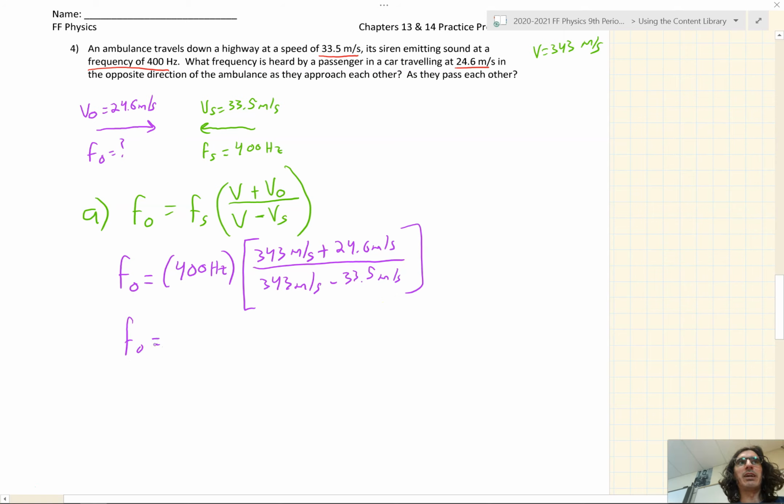Plug and chug, and we get an observed frequency of 475 hertz. When they're traveling towards each other, we can see that the apparent frequency is going to increase to 475 hertz.